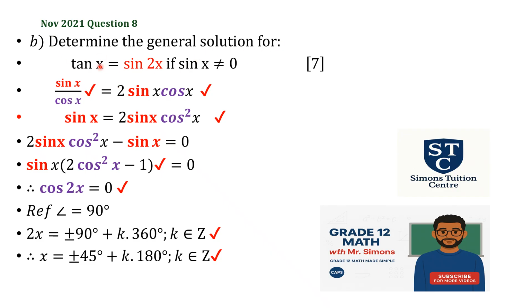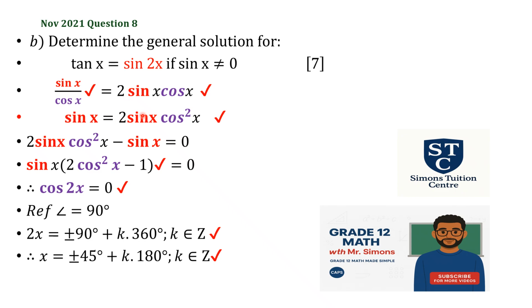Determine a general solution for tan x equals sine 2x, if sine x is not equal to 0. So tan, we assume you remember, is sine over cos x, 1 mark. Sine 2x becomes 2 sine x cos x, so 1 mark for that. Multiply the denominator away, so cos x goes away, and that becomes cos x times cos x, giving cos squared x.